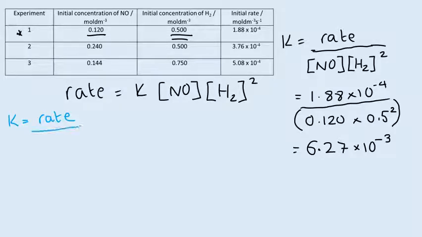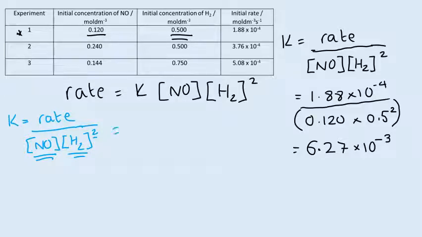It's rate divided by concentration of NO, concentration of H2 squared. Now, I'm going to make it a bit more straightforward: this represents concentration and this represents concentration in moles per decimeters cubed. So we've got moles per decimeters cubed multiplied by moles per decimeters cubed, but this is squared, so it's times moles per decimeters cubed.